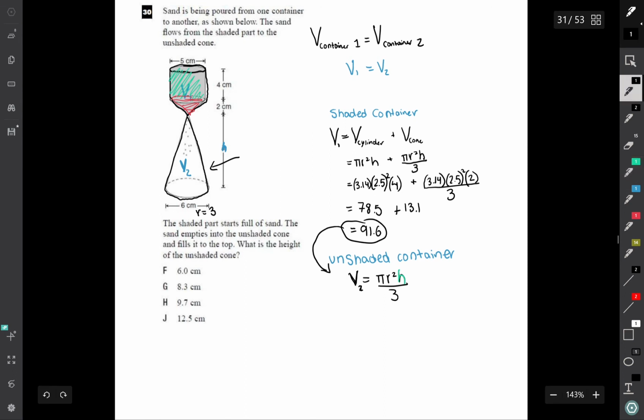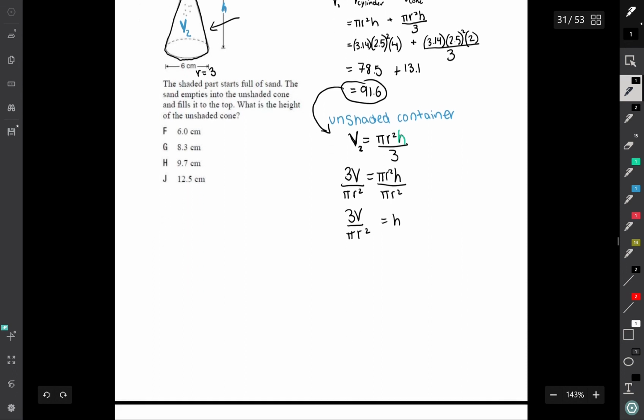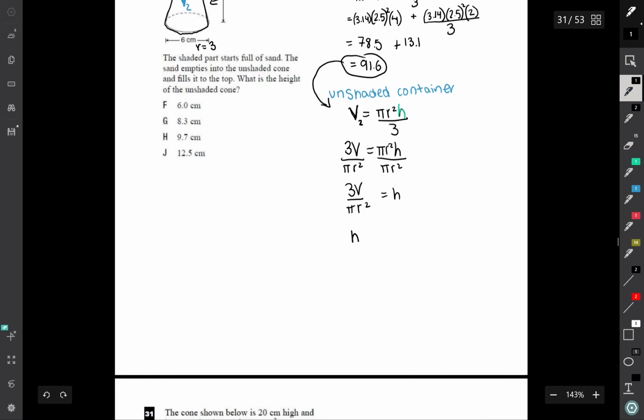Start off by multiplying both sides by 3. So I get 3 times V is equal to pi r squared h. And then divide both sides by pi r squared. We're going to get h is equal to 3 times V divided by pi r squared. Now we can just put in our numbers.